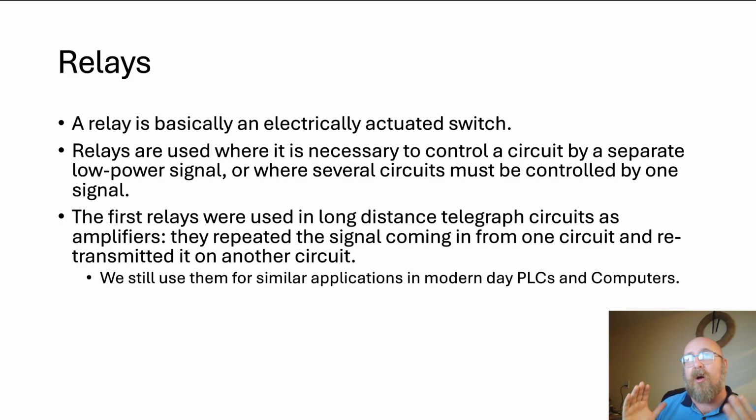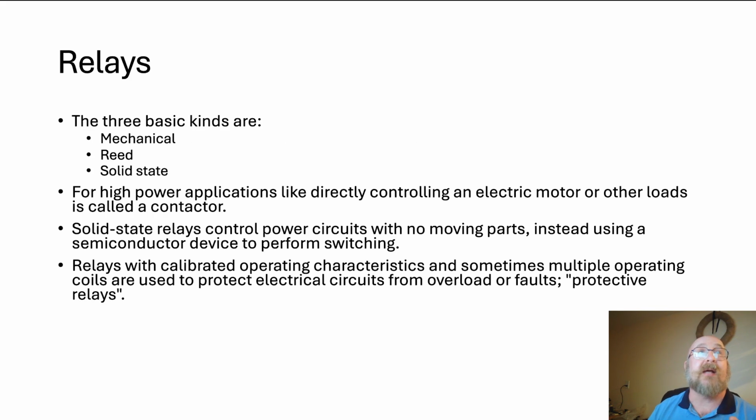We use them all over the place for motor controls. When they're big, they're called contactors. There are three basic kinds: mechanical, reed, and solid state. For high-powered applications, these are generally mechanical ones, and they're generally called a contactor.